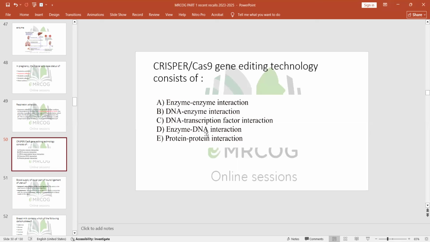So D is not correct. Now, would we call Cas9 a transcription? Would we call it like this, a transcription? Do they call it a transcription factor, or just an enzyme?